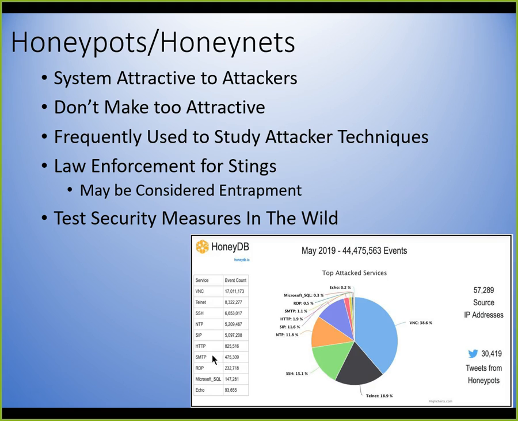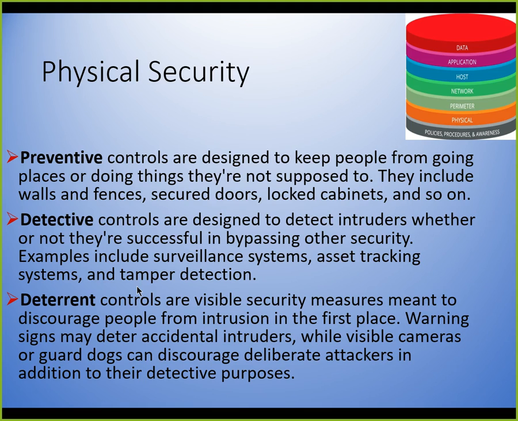HTTP, SMTP, mail transfer, remote desktop, SQL, and then Echo down here, ping. These are the different things that are being attempted, and this is for honeydb.io, not the one that I was on. So honeynets, honeypots, and then tar pits.